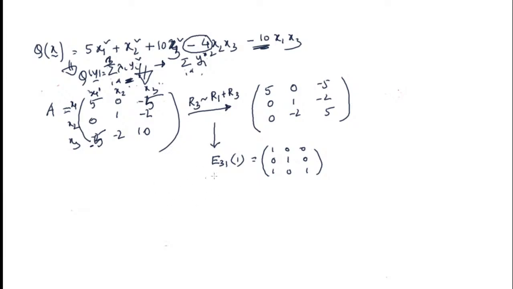Now mind it, here we simultaneously apply row and column operations. First apply the row operation, then apply the same operation on columns, that is C3 becomes C1 plus C3.